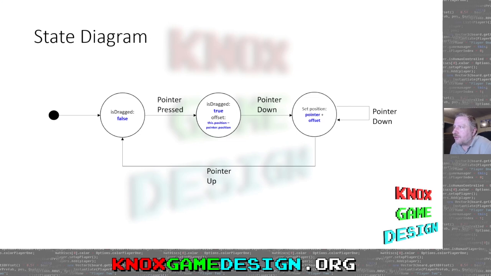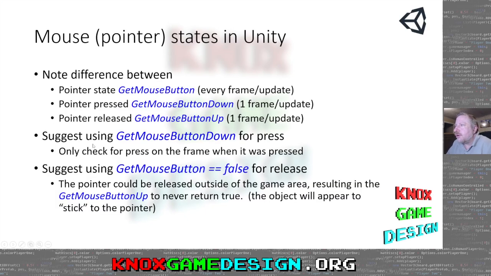As the pointer is held down, we set the position to the pointer position plus the offset, and that just keeps looping back around to that state until the pointer goes back up, the mouse is released, or the person lifts their finger off the device. So here are our basic states.